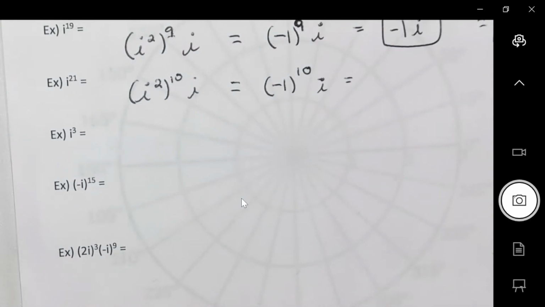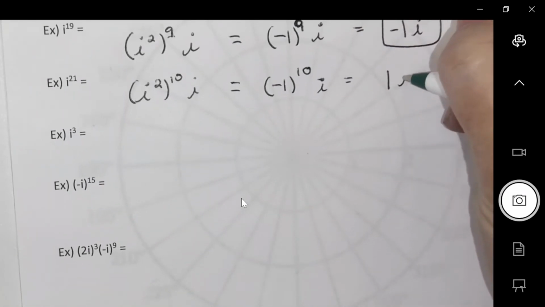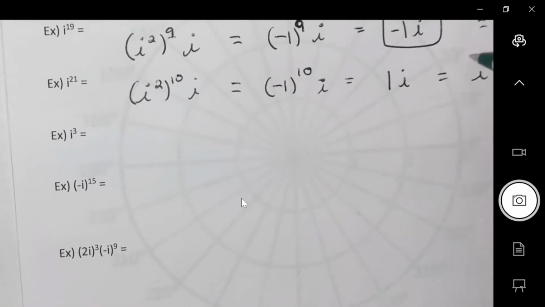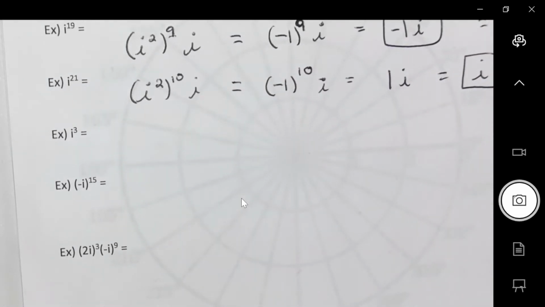So -1 repeated 10 times will make +1 and then an i. So this answer is just i.